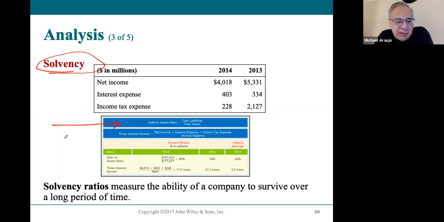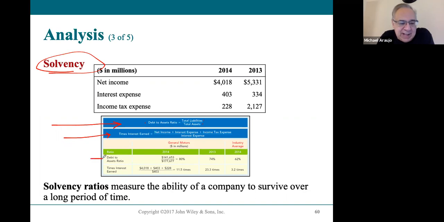There's another ratio that's introduced called the times interest earned ratio, which looks at, basically, its net income over its interest expense. How many times does the profit pay the interest? Okay, and that's basically how they look at it.